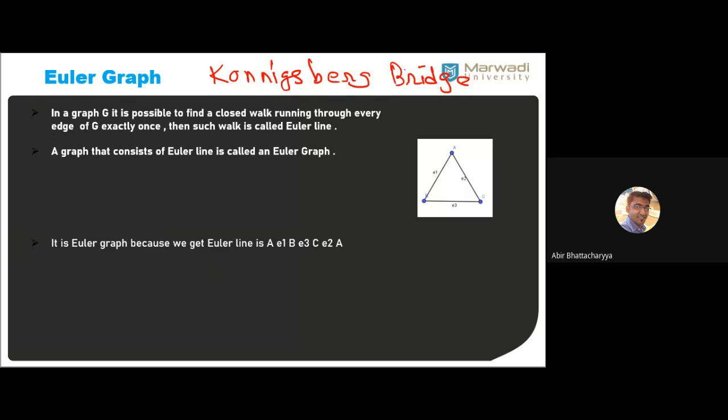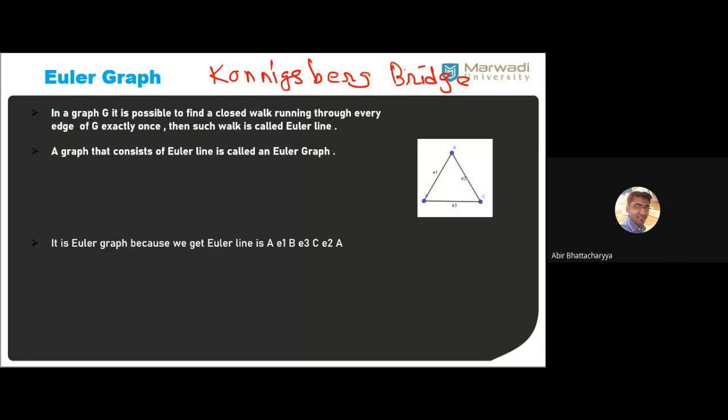Means if I have any graph G, and it is possible to find a closed walk running through every edge of G exactly once, repetition of edge not allowed, such a walk is known as an Euler line. A graph that consists of an Euler line is called an Euler graph.